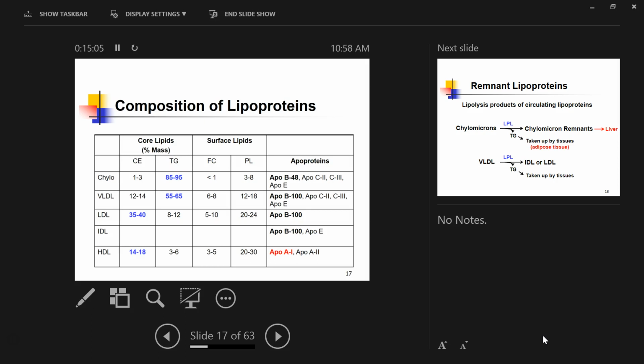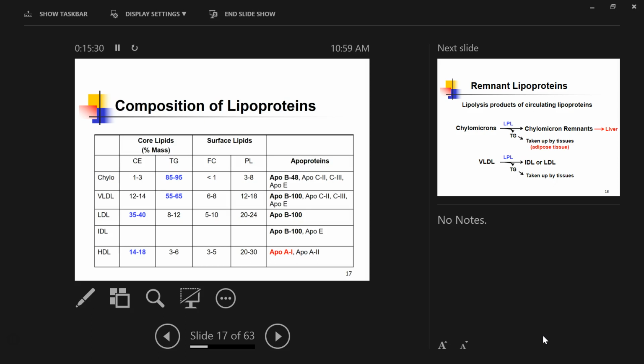So, for example, chylomicron and VLDL we know are the triglyceride-rich lipoproteins, right? The core lipids basically have two types: triglyceride and cholesterol ester. CE is cholesterol esters, TG is triglyceride.